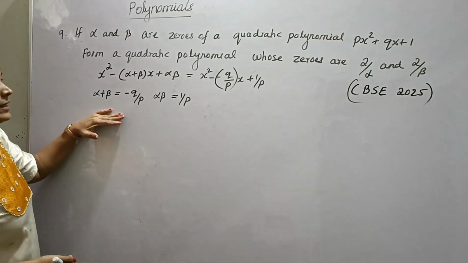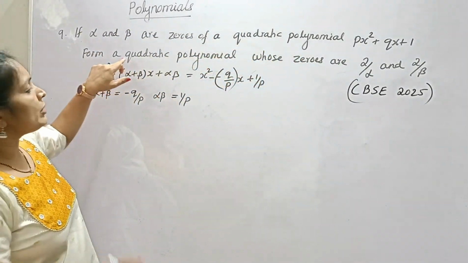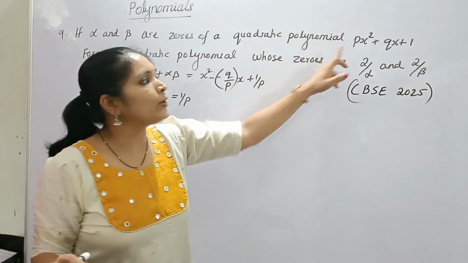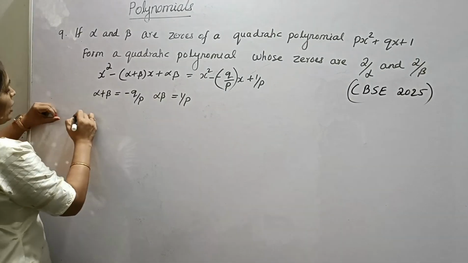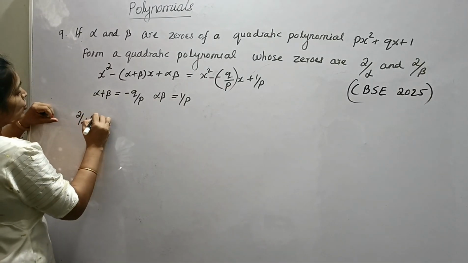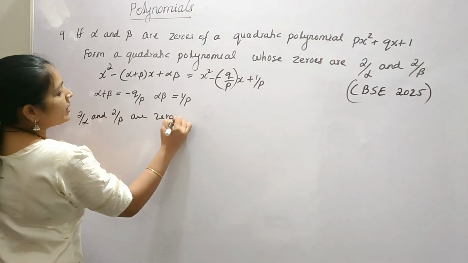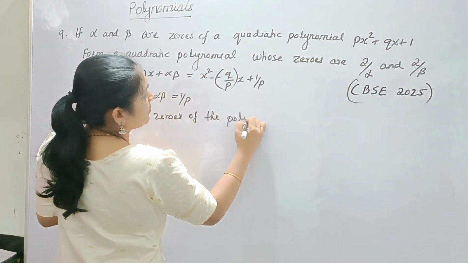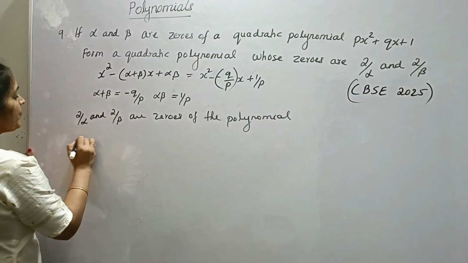After that, it is given we have to find a quadratic polynomial whose zeros are 2 by alpha and 2 by beta. If 2 by alpha and 2 by beta are the zeros of a quadratic polynomial, then what is the polynomial?